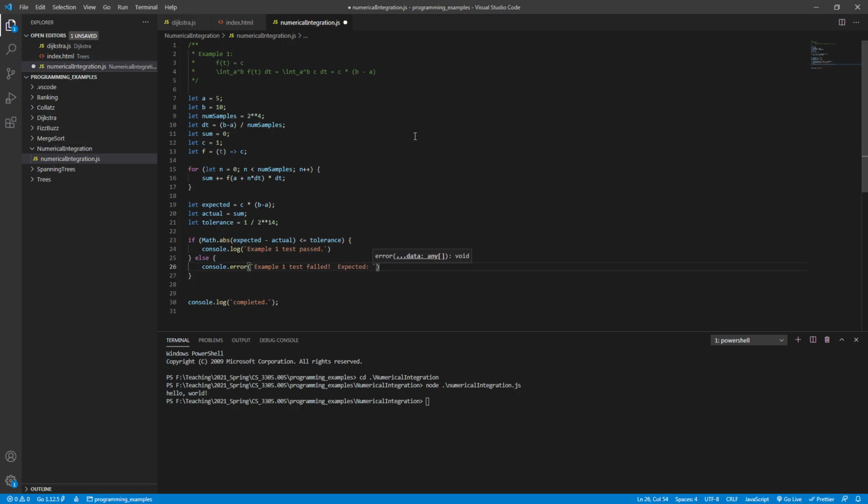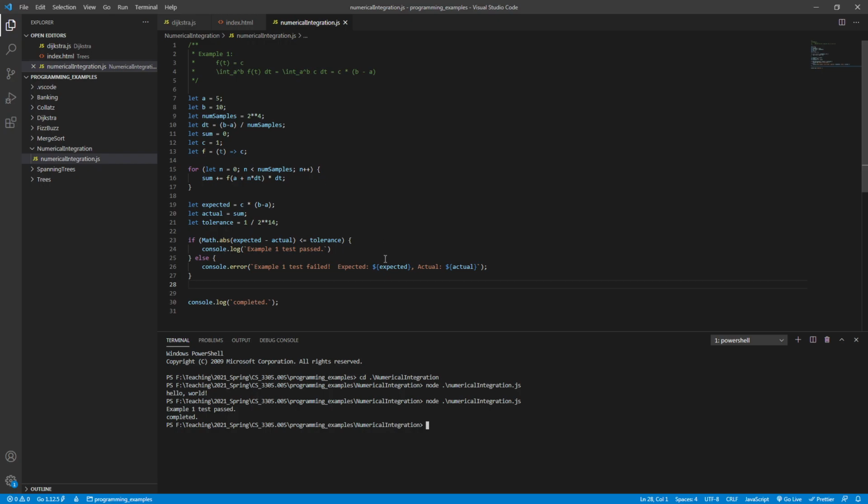And then again, I always like to indicate what the expected value was and what the actual result was. Okay, let's make sure we haven't broken anything. And so it says that it passed as expected.